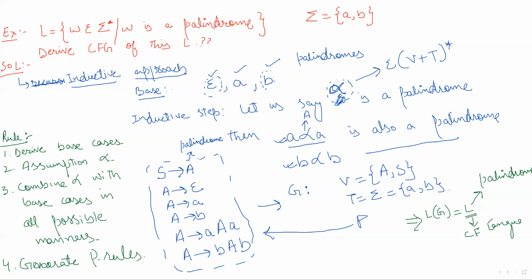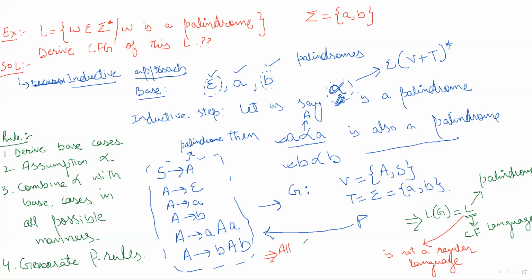So this L is a context-free language. And we have also discussed in regular languages that this L is not a regular language. Okay, so we have discussed one language here. That particular language is a context-free language, but it is not a regular language. Okay, so we have derived one important point.